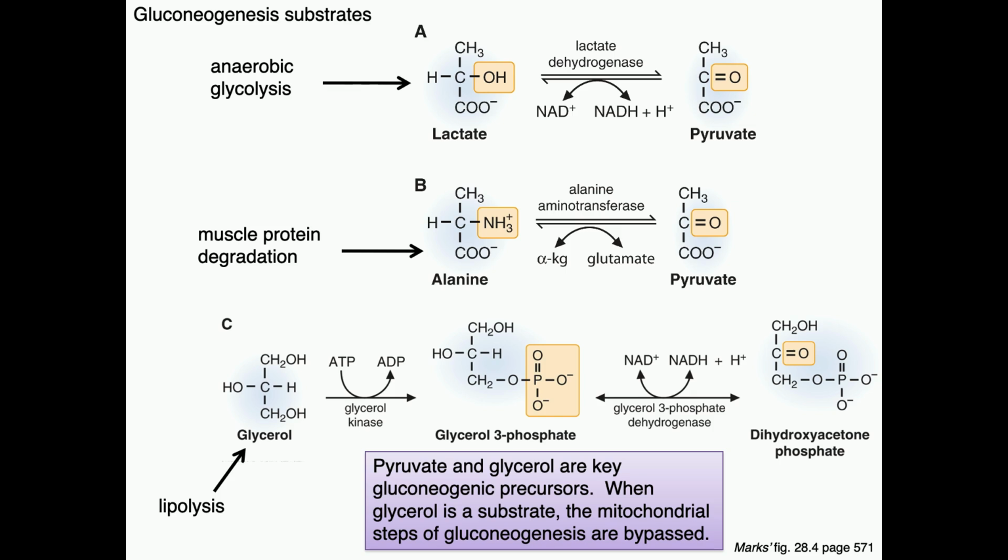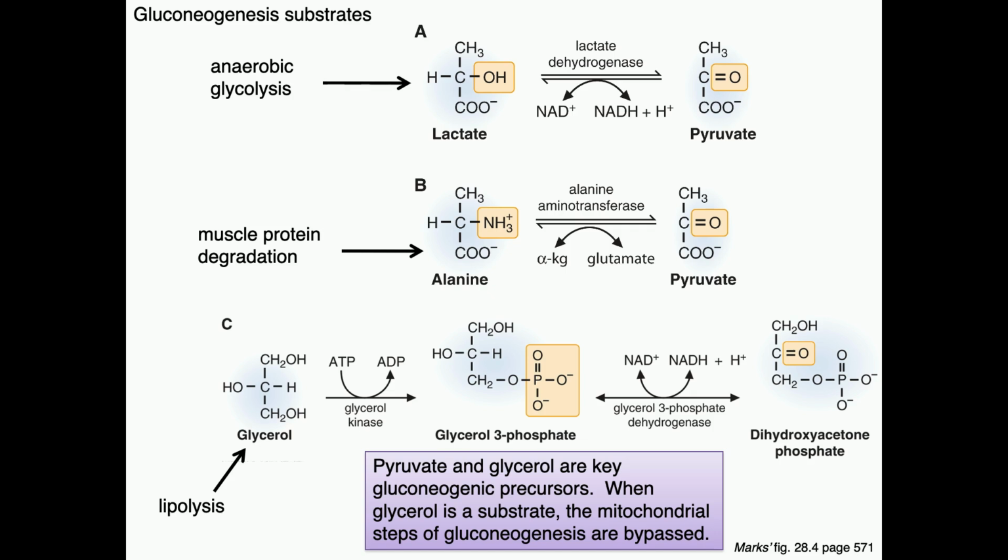Also, many amino acids are gluconeogenic. Many of them are converted into alanine, and then alanine can be transaminated into pyruvate. Others are made into pyruvate without going through alanine, such as serine, for example. But generally, alanine is one of the key gluconeogenic amino acids.